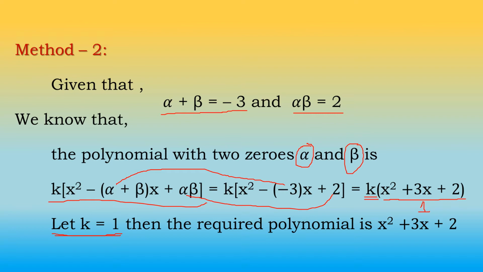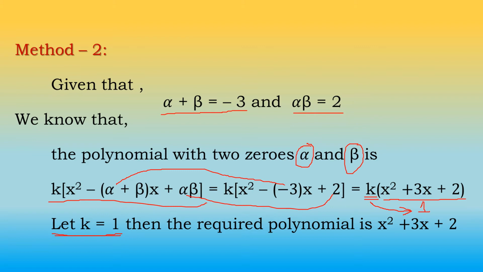So when the denominator is 1, we are considering the value of k also as 1. The value of k always depends on the value of the denominator. Whatever the denominator you have, that is the value of k.